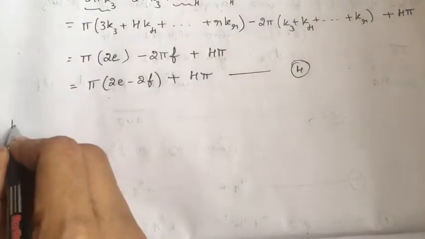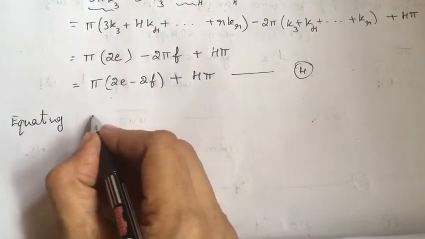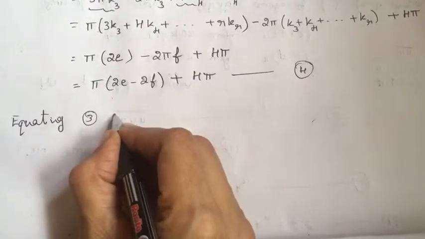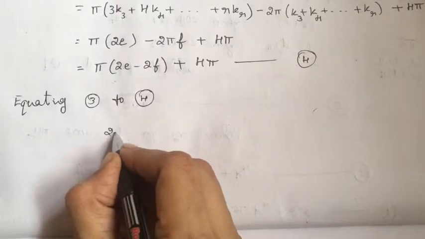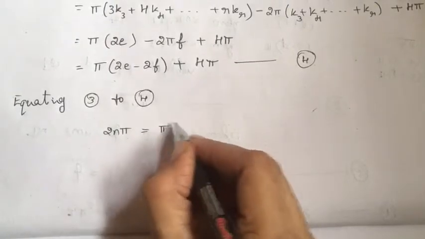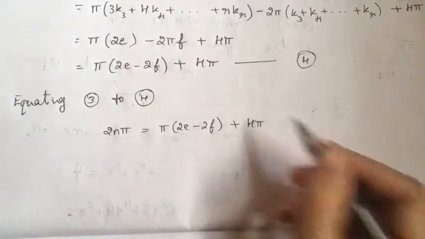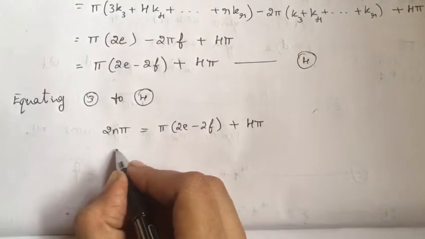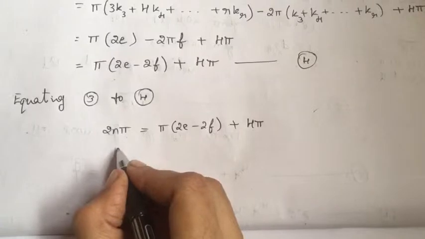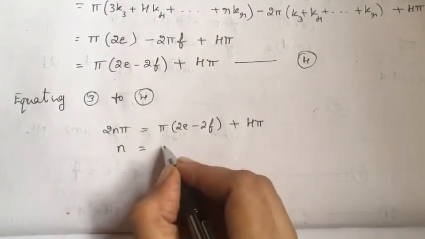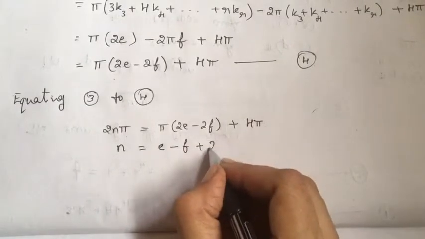So equating expressions 3 and 4, it's nothing but 2n pi equal to pi into 2e minus 2f plus 4 pi, which is nothing but n equal to e minus f plus 2.